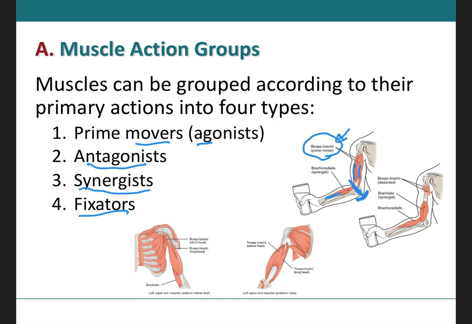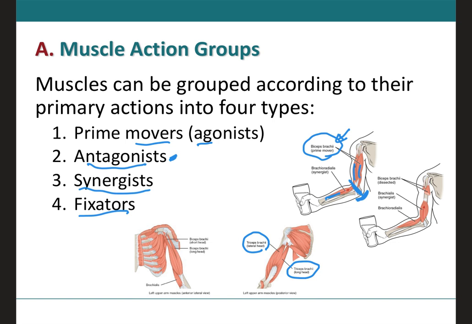Then we have what we call the antagonist. An antagonist for this action would be a muscle that's actually opposing the action of the agonist, and that's why it's called an antagonist. An example of an antagonistic muscle is going to be the triceps brachii, which we can see right over here.